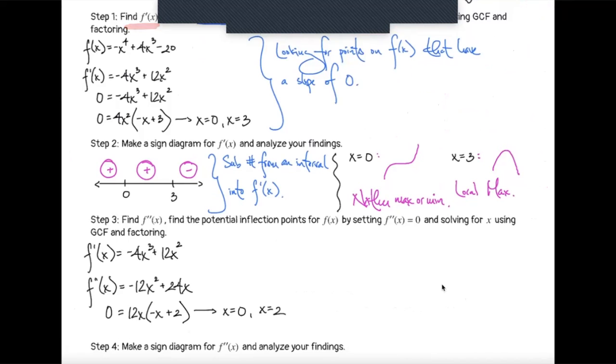So just like we wrote over here, that when we found our f prime, we set it equal to 0, that we were looking for points on f that have a slope of 0. And so what we're going to describe down here is what it tells us about f of x.